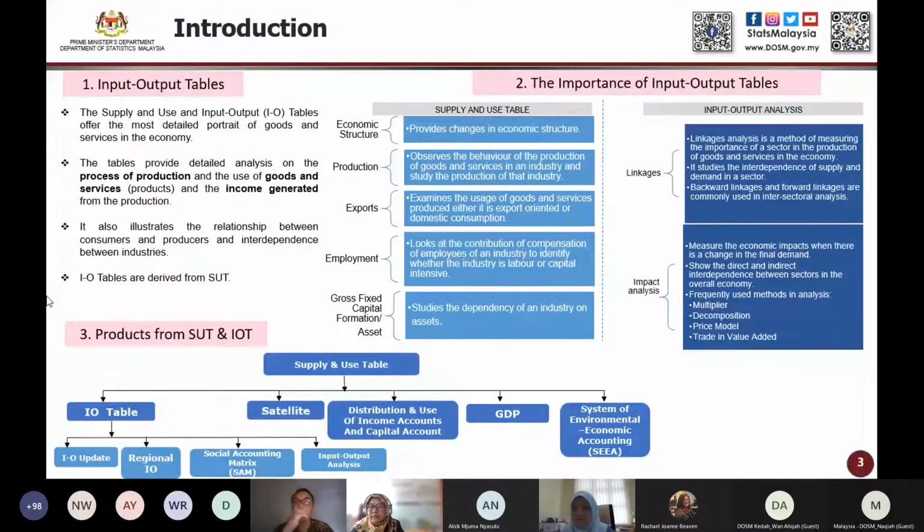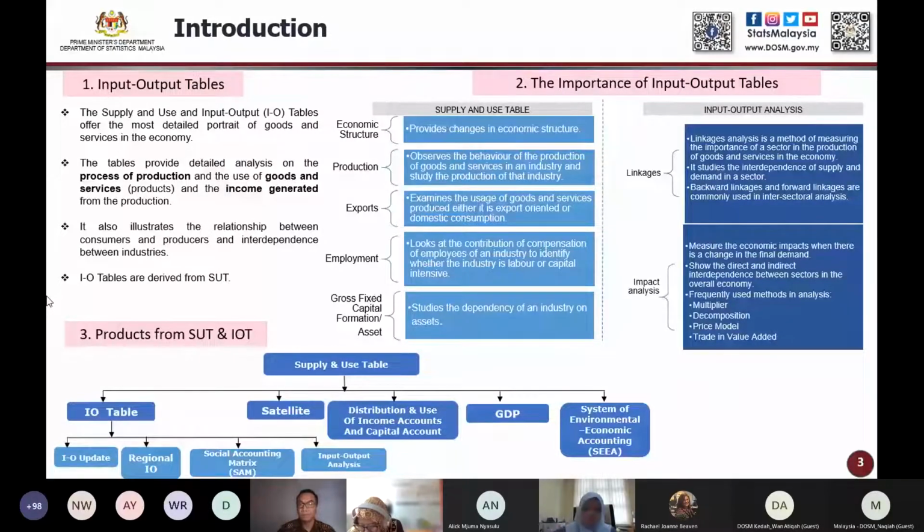Impact analysis measures the economic impact when there is a change in final demand, so if there are any changes in final demand, we can see the impacts on the economy. It also shows the direct and indirect interdependency between sectors in the overall economy. Frequently used methods in analysis include multiplier analysis, decomposition analysis, price model, and also trade in value added.